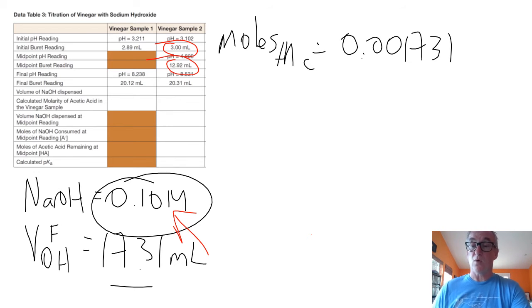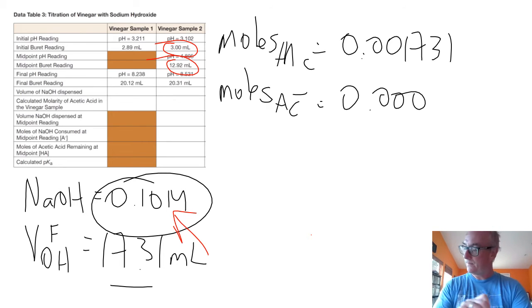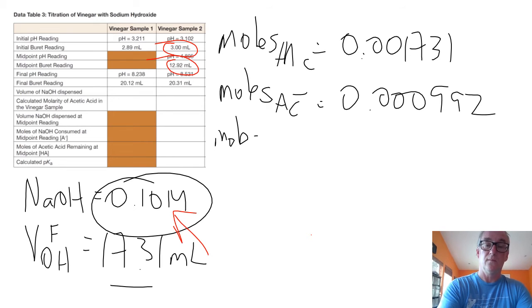The number of moles of acetate halfway through were 0.000992. So, how many moles of acetic acid midway? So this is at the beginning, or initial.